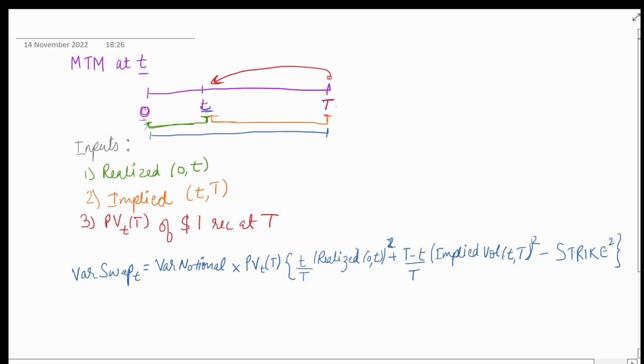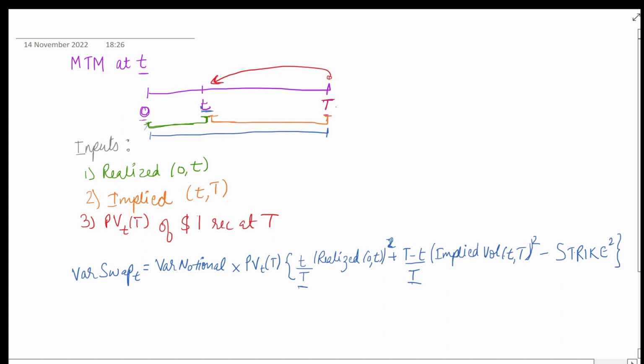Alright, so capital T minus small t upon small t, this is basically annualization of realized volatility and implied volatility, and minus strike. So if this value is greater than strike, then the payoff is positive. If this value is less than strike, then the payoff is negative.